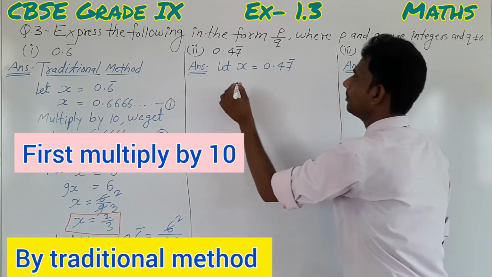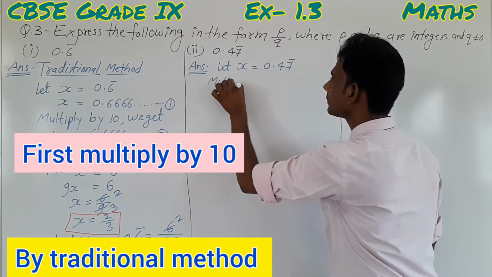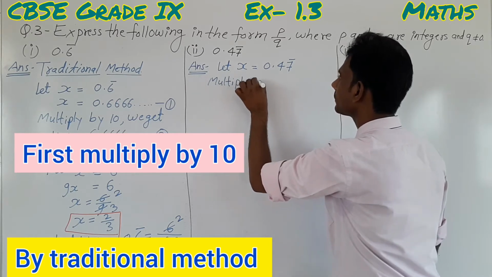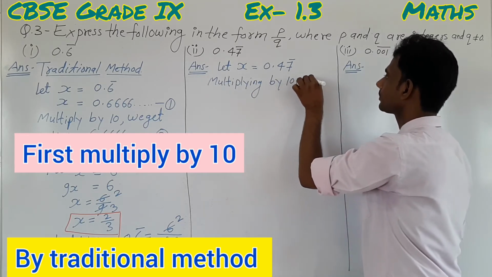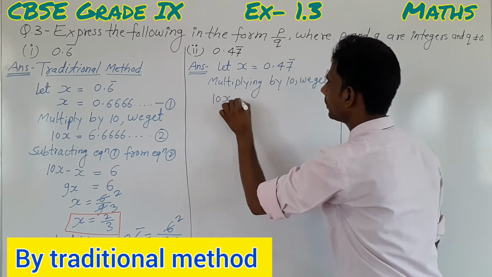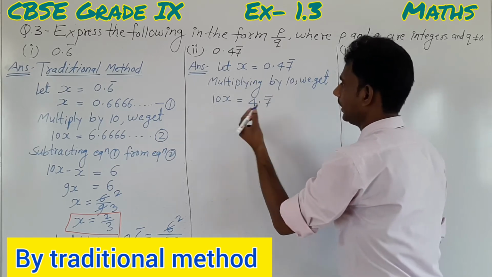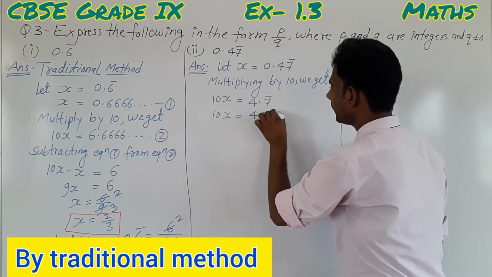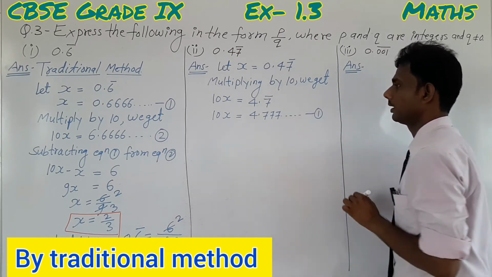First of all, multiplying by 10, we get 10x equal to 4.7 bar, or you can write 10x equal to 4.777... This is equation 1.